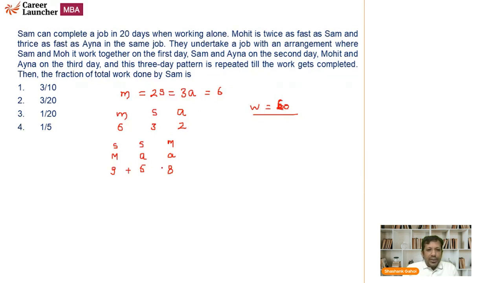So in 3 days, how much work is being done? This is going to be 9 plus 5, 14 plus 8, 22. In the next 3 days, how much work is going to be done? 22. Okay. So 22 plus 22, 44. Now, how much work is remaining? 16.